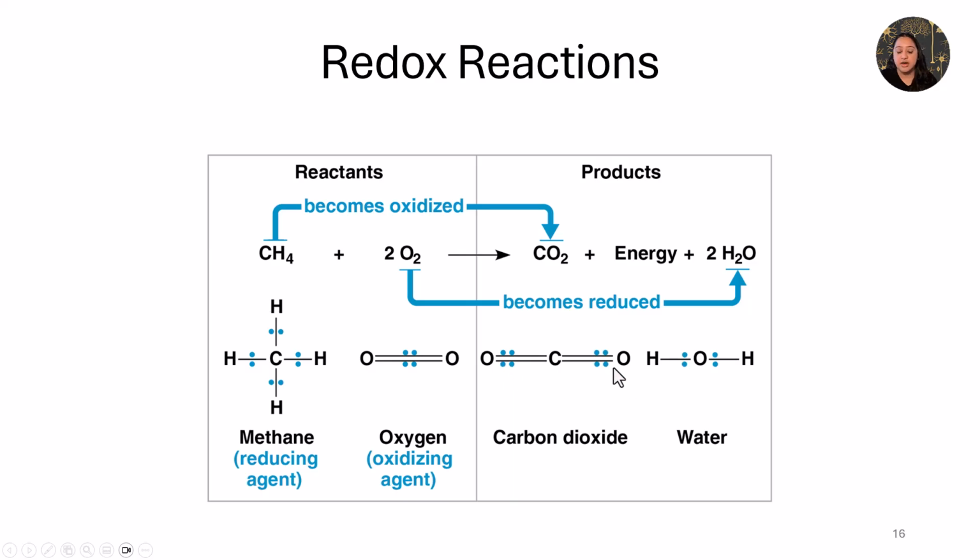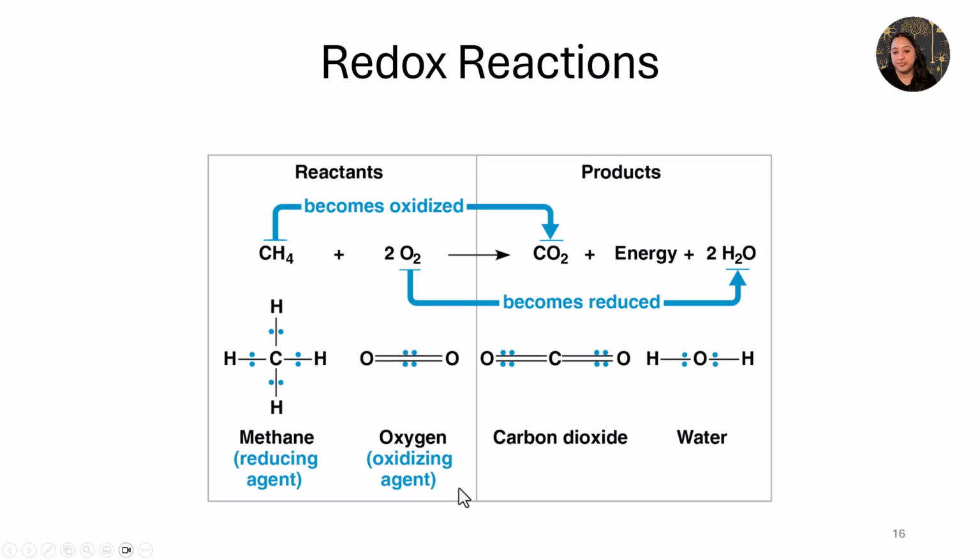They're not totally ionized. So because methane became oxidized and it technically reduced oxygen, we would call methane the reducing agent. And oxygen, because it oxidized methane, we call the oxidizing agent.